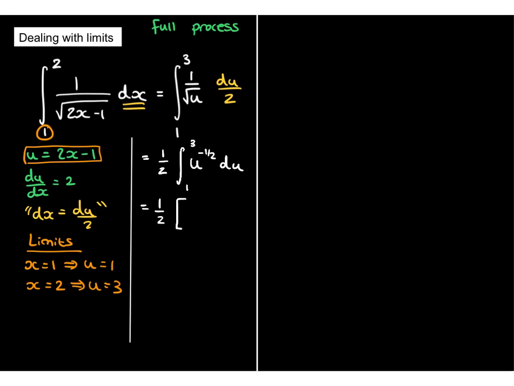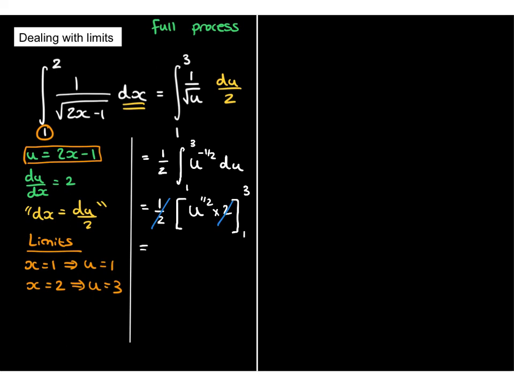Now, integrating u to the power of negative a half gives us u to the power of a half. But of course we need to divide by the new power of a half, which is the same as multiplying by 2. But what's quite convenient is that this a half will cancel with this 2 here. So we then just need to substitute back into the result here.